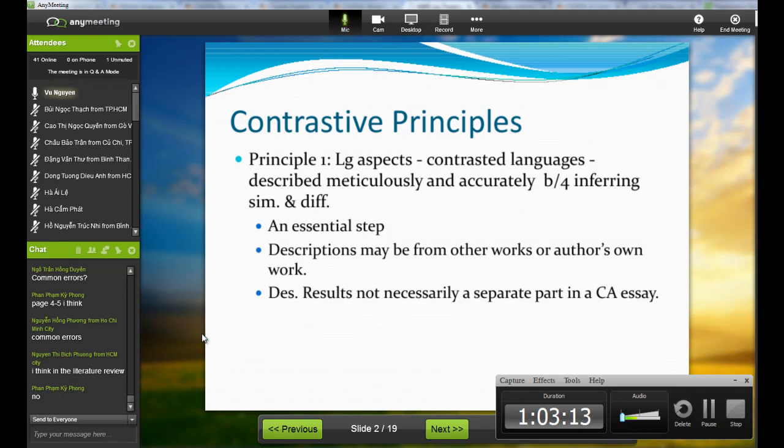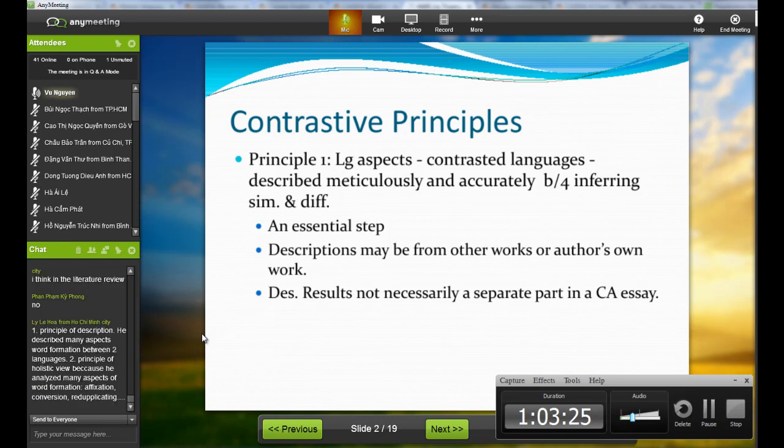I mean, did the student try to describe the two languages in detail before making comparisons and contrasts? Yeah, thank you for sharing, Hoa. She described many aspects of word formations between two languages.